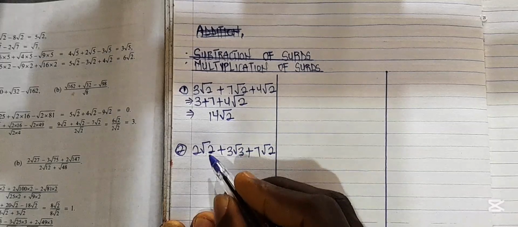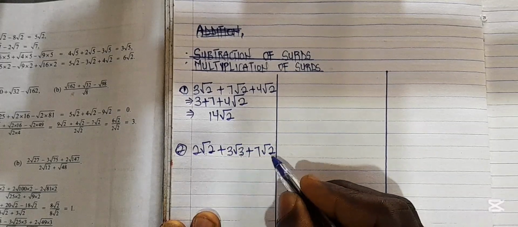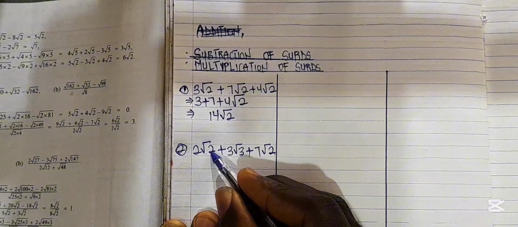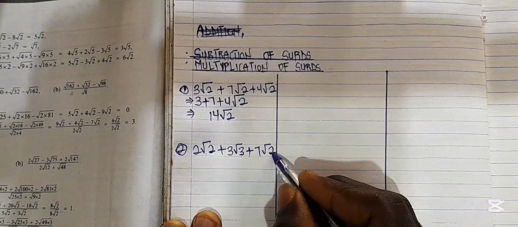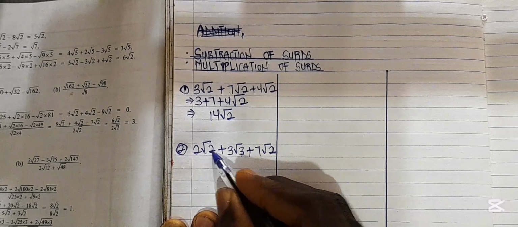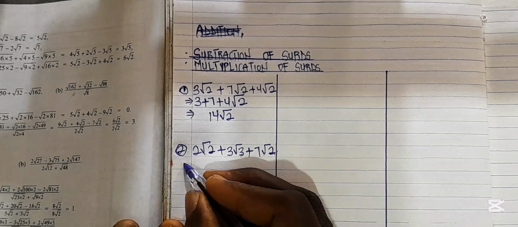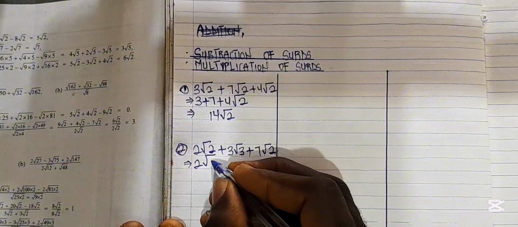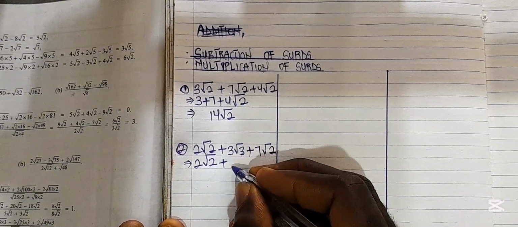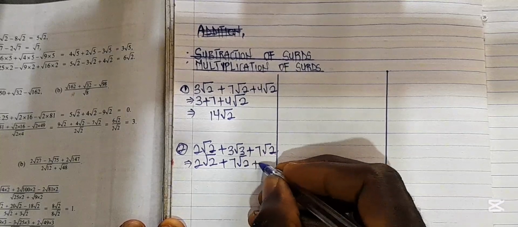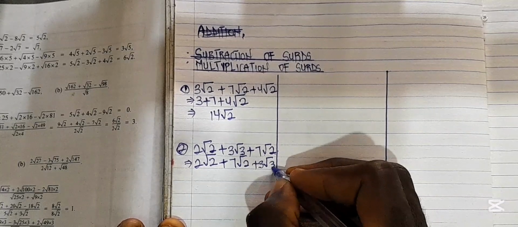When we compare 2 root 2 to 7 root 2, because the number inside the root sign, which is 2, is the same, we can add these two. So our next step will be 2 root 2 plus 7 root 2 plus 3 root 3.